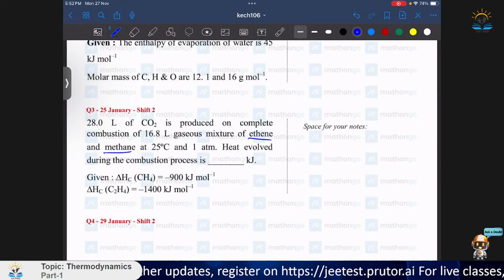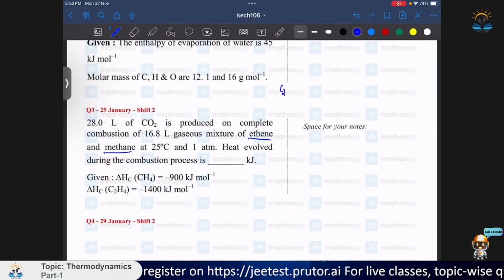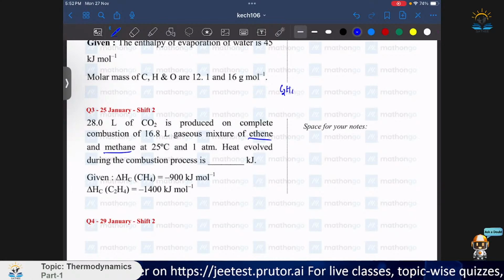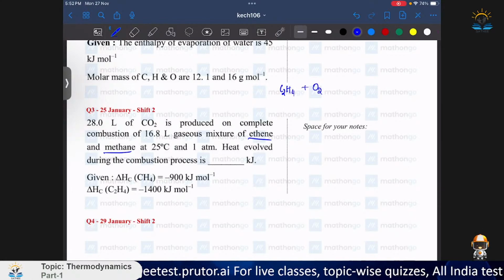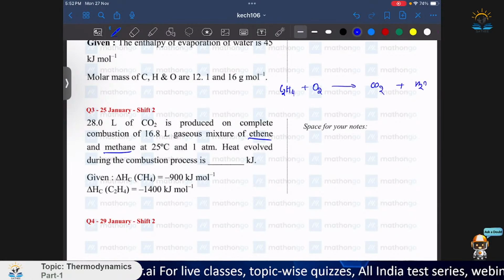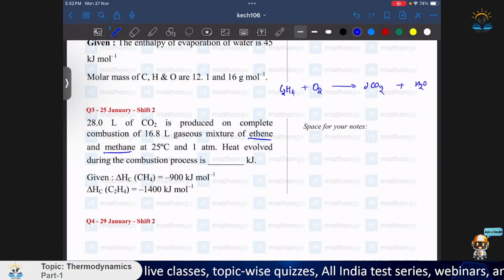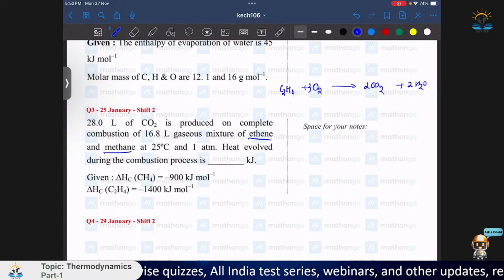A gaseous mixture of ethene and methane. First, C2H4 is ethene, and we burn it in oxygen to get CO2 plus H2O. 2 CO2, 2 H2O, that means 3 moles of oxygen will be burnt.